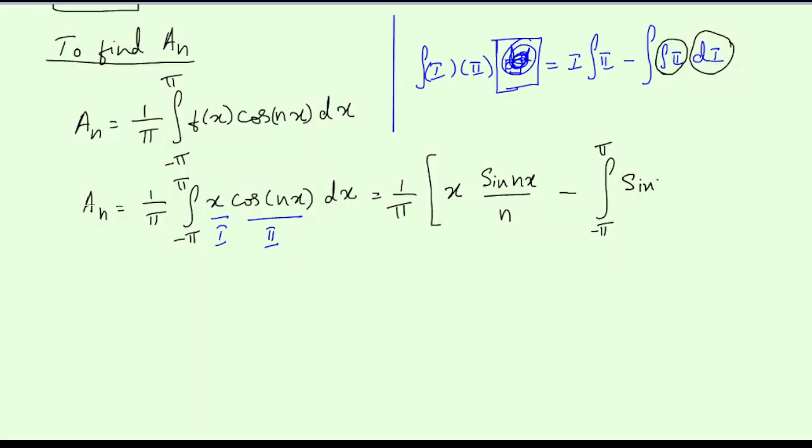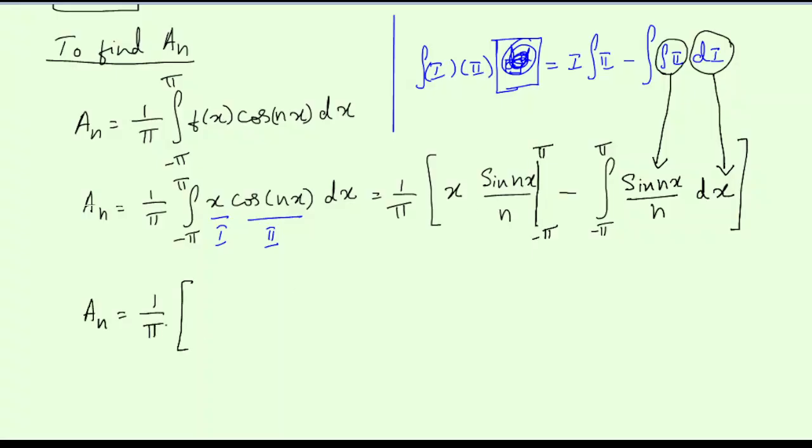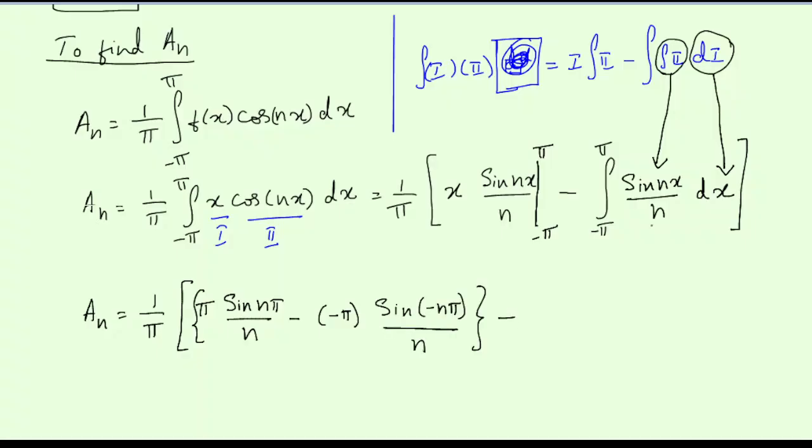That is sin nx by n, and differentiation of first is dx. Limits here are minus pi to pi. So an equals 1 by pi. Apply the limits here, becomes pi sin n pi divided by n minus x takes minus pi sin minus n pi divided by n minus, let me take the constant outside, that is 1 by n.